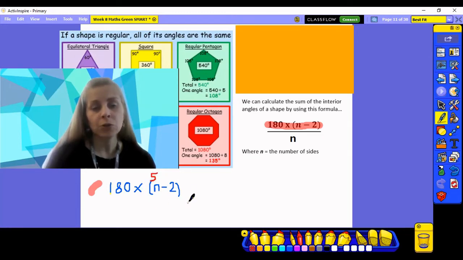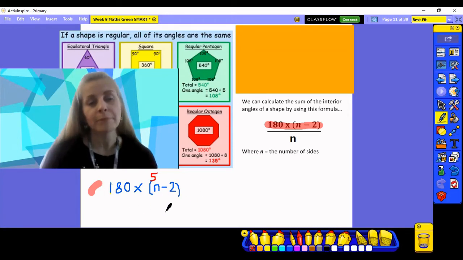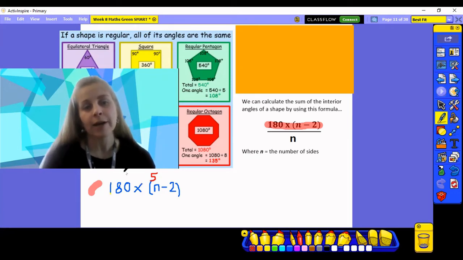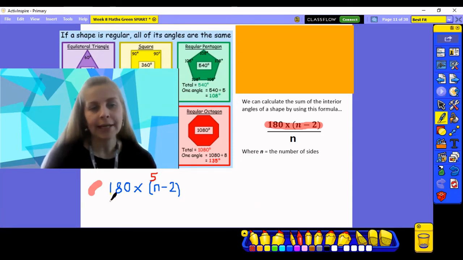When we calculate this, we are going to be thinking about the use of BODMAS. If you remember from BODMAS, we start with our brackets first, and then we do our multiplication afterwards. So if we write this out, we've got 180, and we've already done the calculation within the brackets: 5 take away 2 is 3.